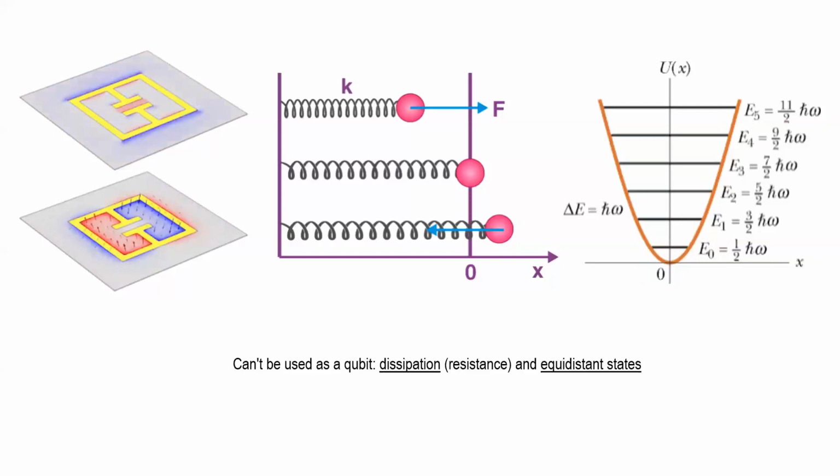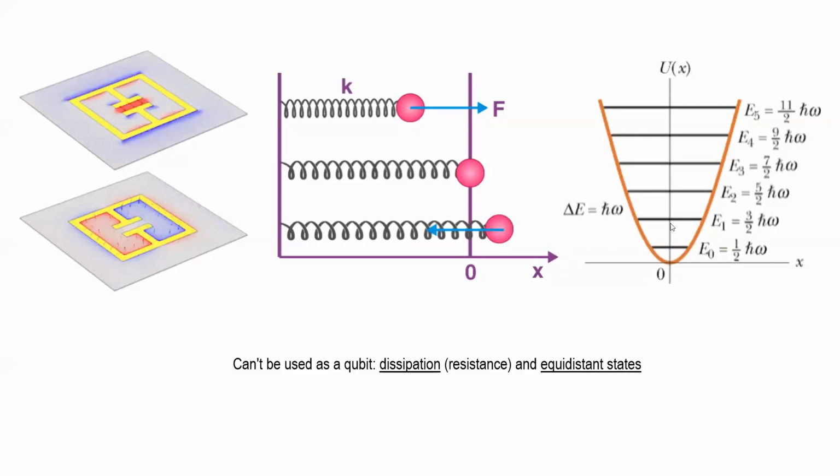But unfortunately, no system is perfect, right? So after applying this operator twice, I won't get exactly the same initial state, because the system has some amount of dissipation, but the less dissipation, the better.